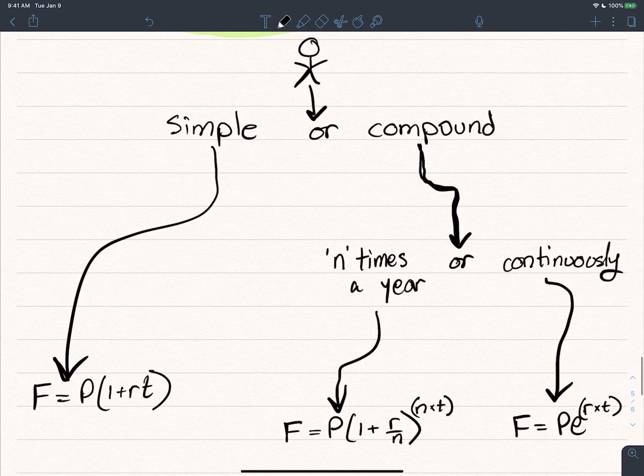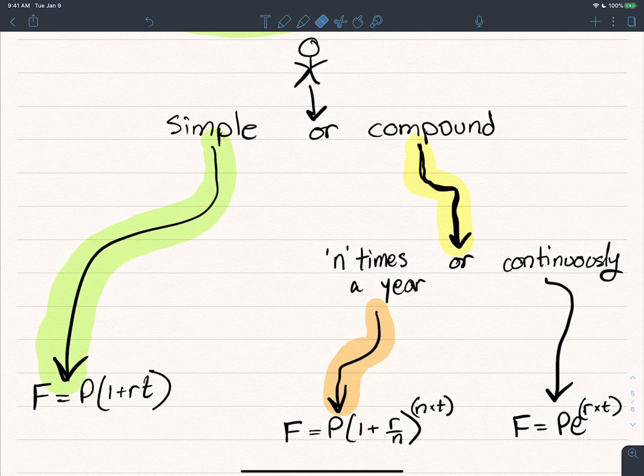Start off at the top and then say simple or compound. And if it's simple interest, you just march right over here. But if it is compound interest, you need to ask yourself an intermediary question and say, is it N times a year?